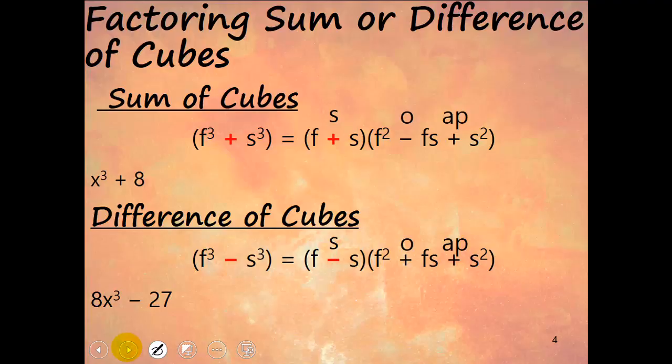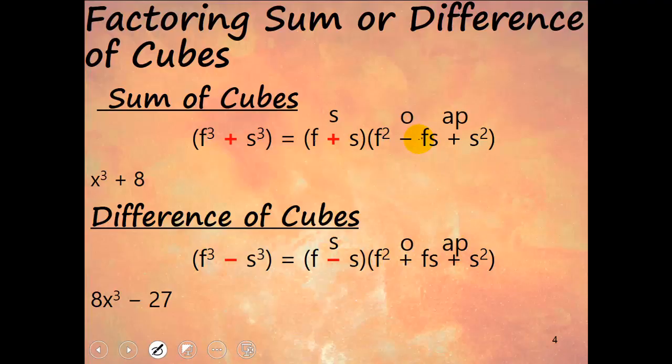So if we have a sum of cubes, which is the first is a perfect cube, the second is a perfect cube, and there's a plus sign, our binomial will be the first plus the second, just one of them, not the cube, just one factor, okay? And then you're going to square that first term. You're going to multiply the two terms together, and you're going to square the last term, okay?